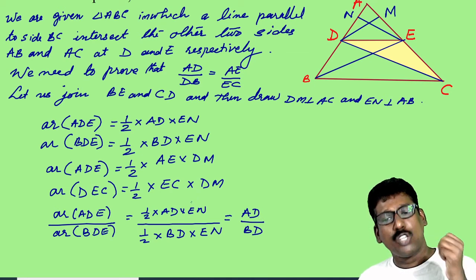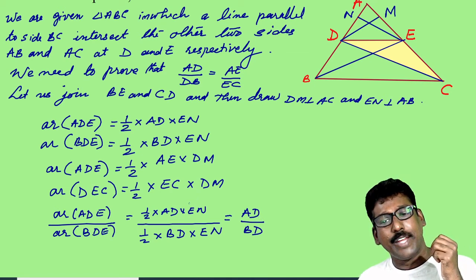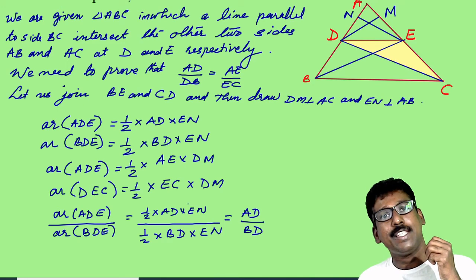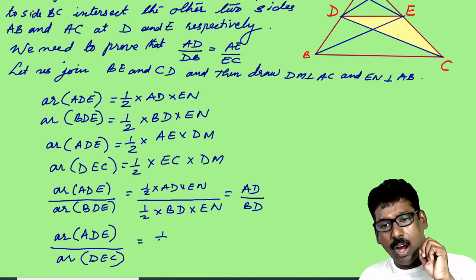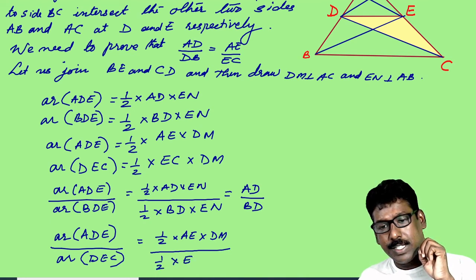Now, the ratio of the last two, that is area of ADE by area of DEC, is half into AE into DM by half into EC into DM.